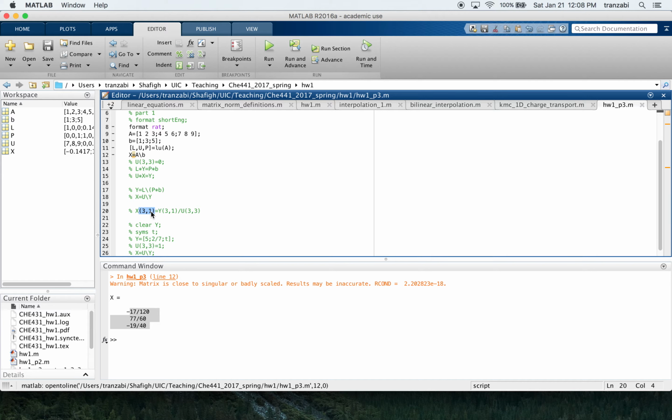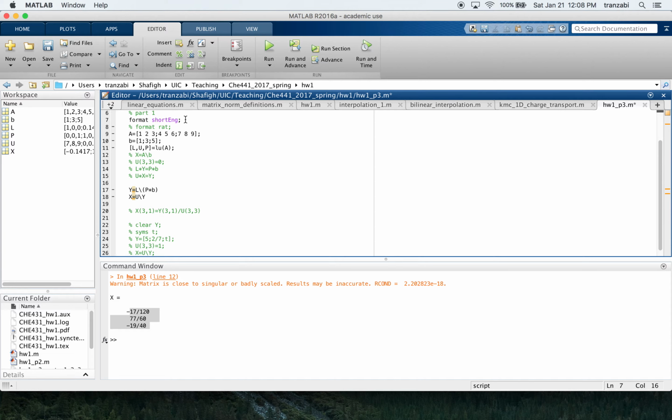Okay, so let's do this. Let me comment this and redo these parts and then show you what happens. Right, so instead of rational, I'm going to change this to short engineering format.